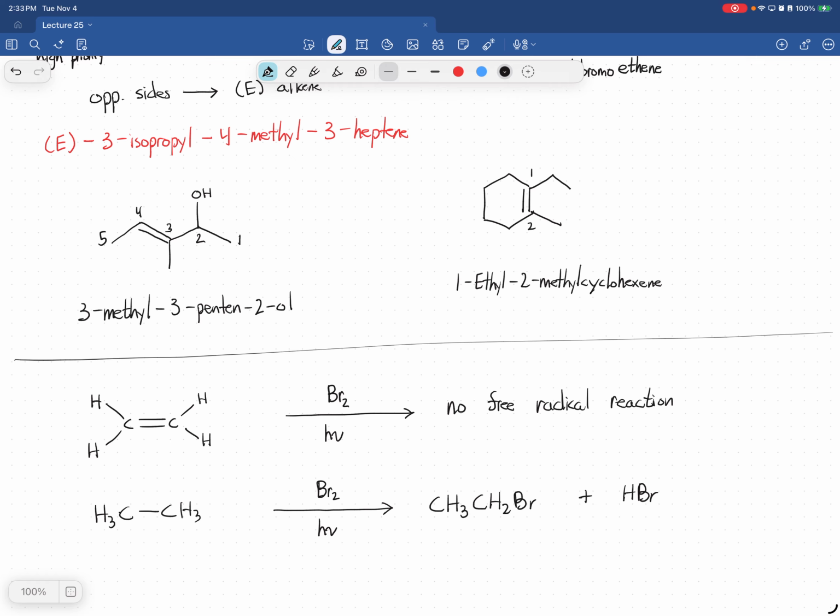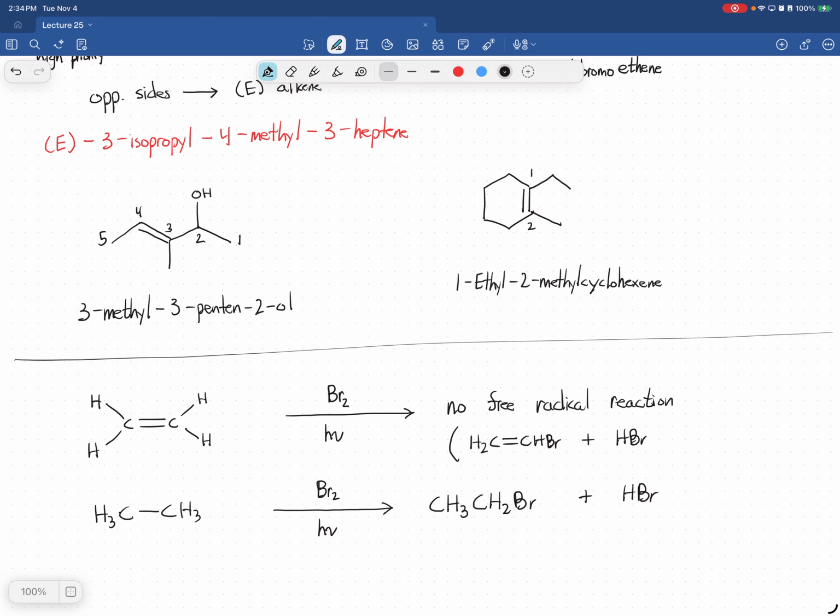We'll learn that alkenes don't do this. They'll react with bromine, but not in this way. You're expecting this, right? The substitution product plus HBr.